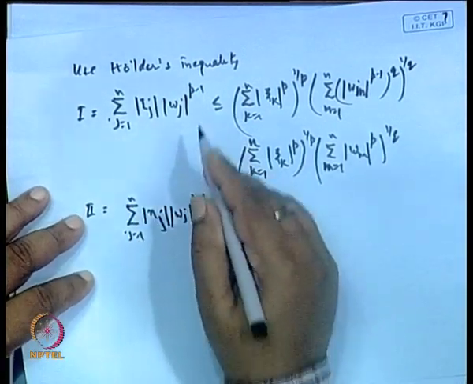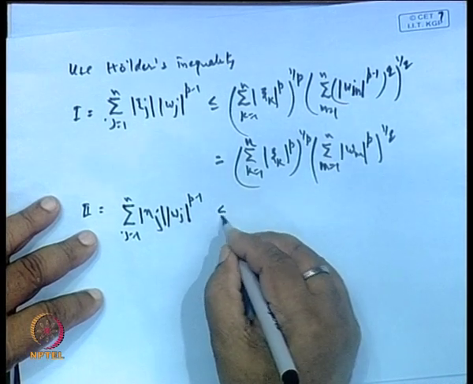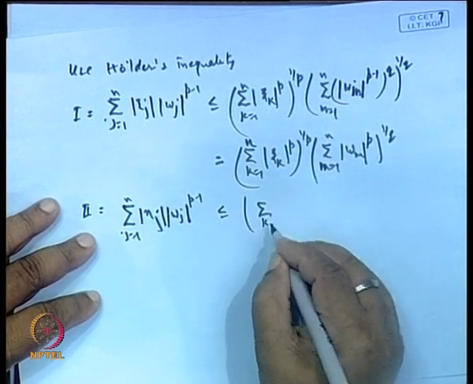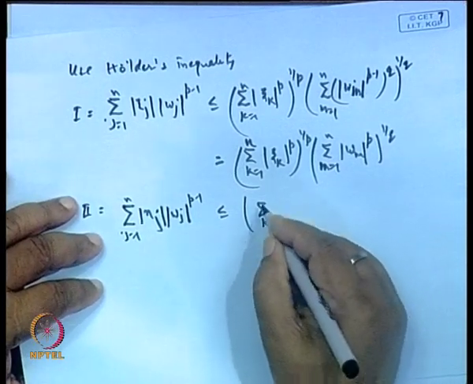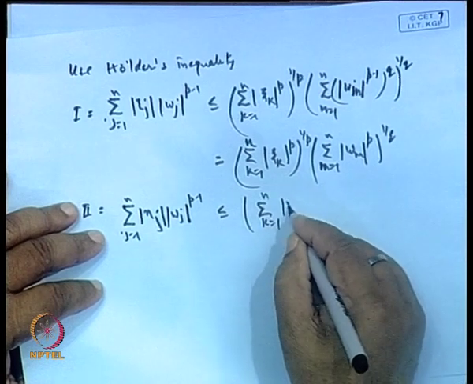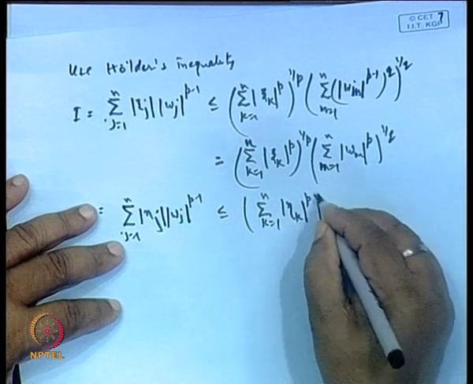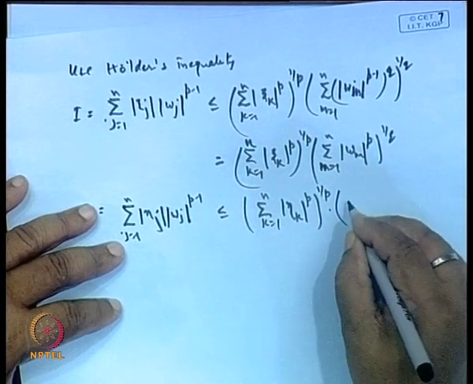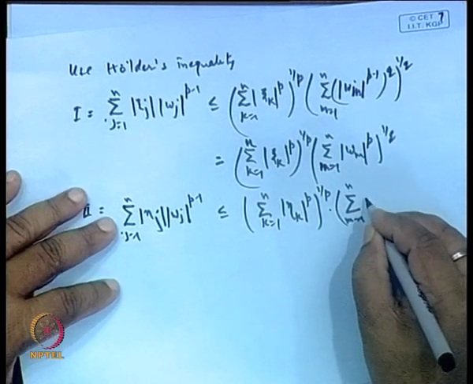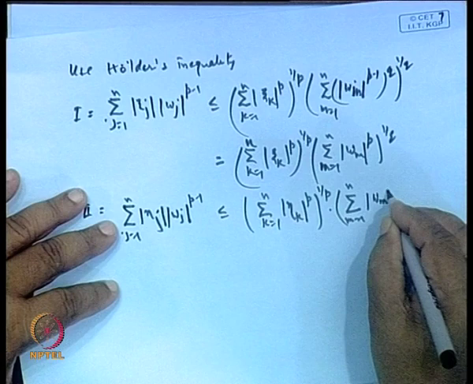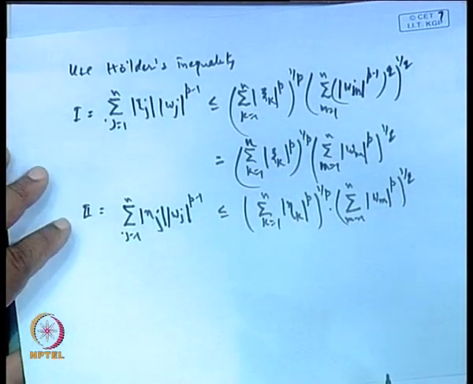If I apply again Holder's inequality with the sum j equal to 1 to n, then what we get is this is less than or equal to the sum over k equal to 1 to n of mod eta_k power p power 1 by p, into the sum over m is 1 to n of mod w_m power p power 1 by q.